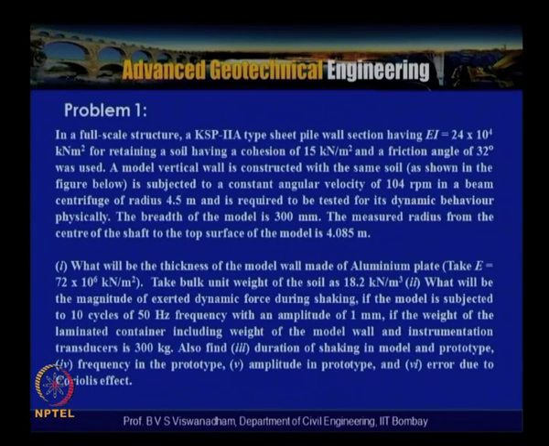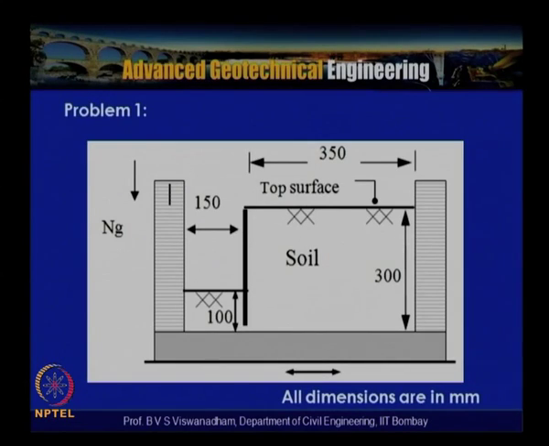Basically it is a combination of the problem, which is required even in static experiments, in order to model the sheet pile wall we have to follow these considerations. The figure for problem one is shown here, wherein the dimensions are all in millimeters, and this is a typical laminar container.